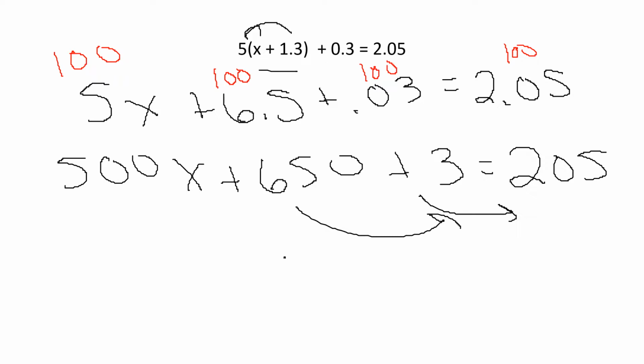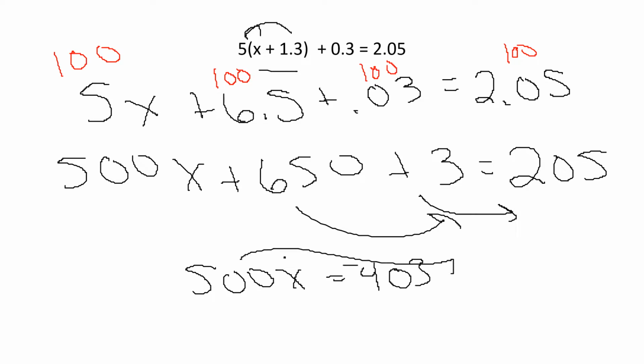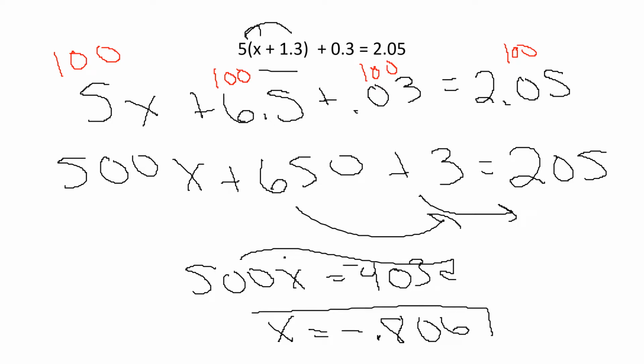And I'm going to end up with 500x equals negative 403. Move this 500 over. And remember, because I started with decimals, my answer is going to be in decimal form, and it's negative 0.806.